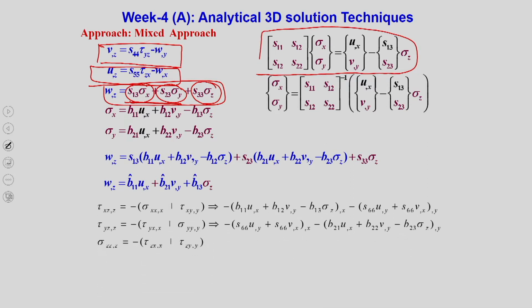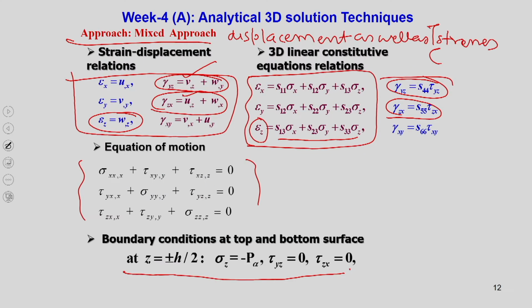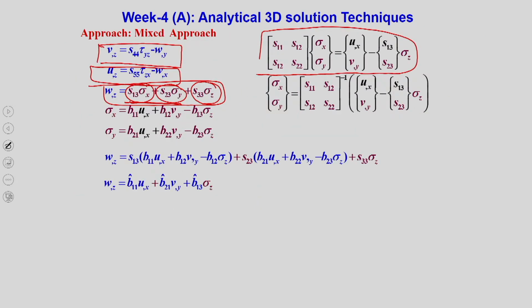What are those? This epsilon x and epsilon y. How can you write that? You put these things together and take that side minus of that. So u comma x, v comma y, s13, s23 sigma z. So from here sigma x and sigma y can be converted into an inverse of this, multiplied with these things.